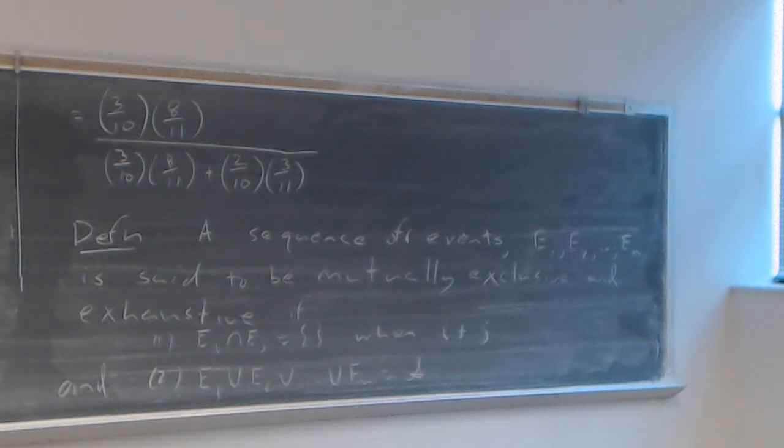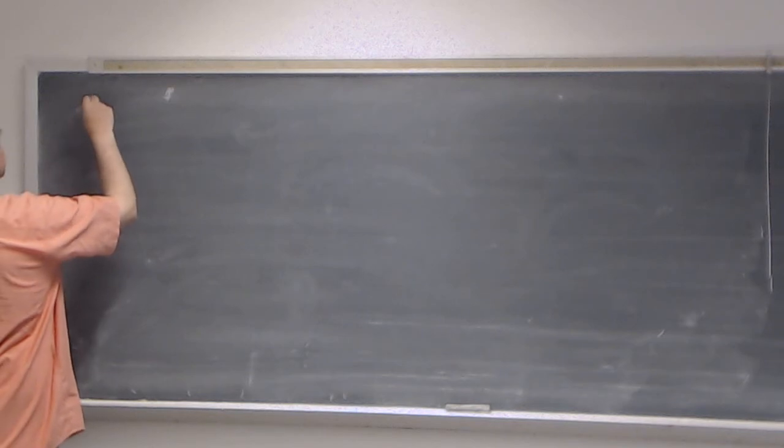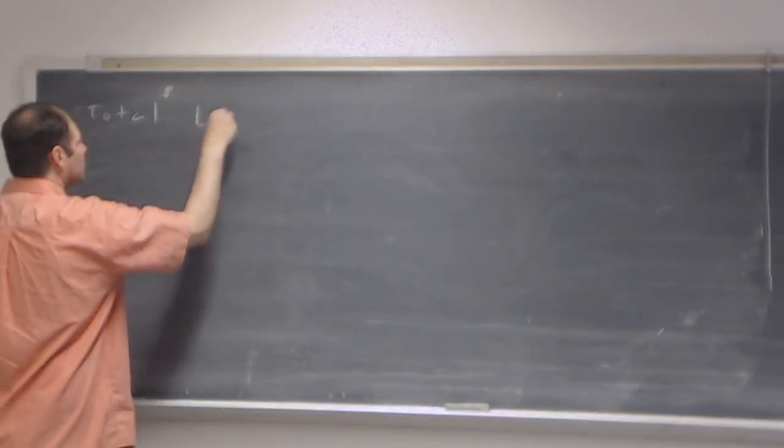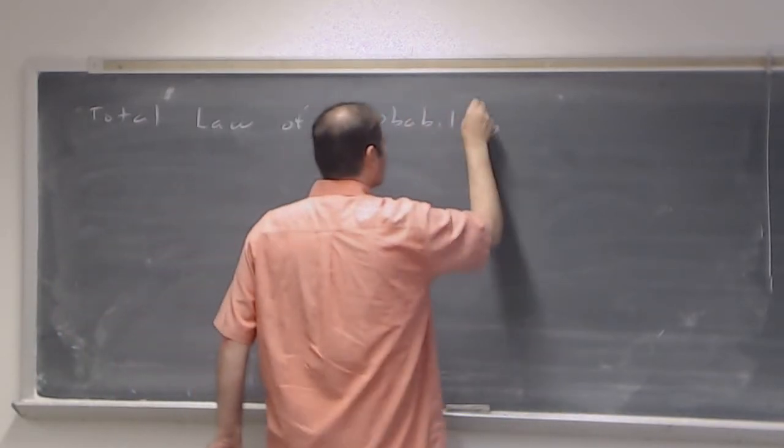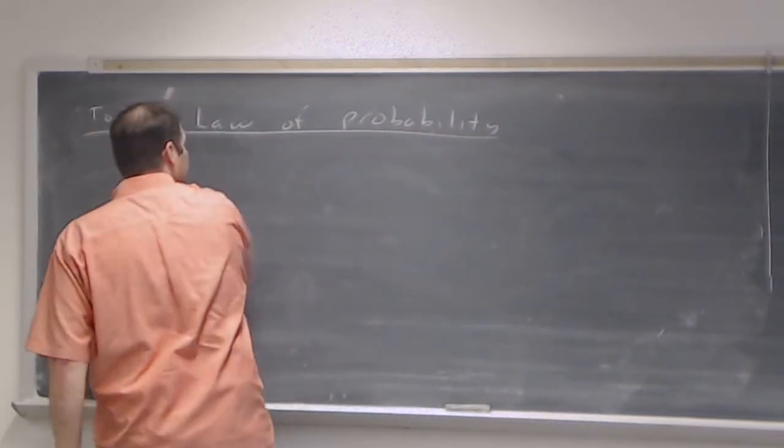That allows us to come up with something called the total law of probability, which I used in my proof of Bayes' theorem, but I didn't really say that that's what I was doing. And I did it in a less complicated, very simple case. But here's what the total law of probability says.